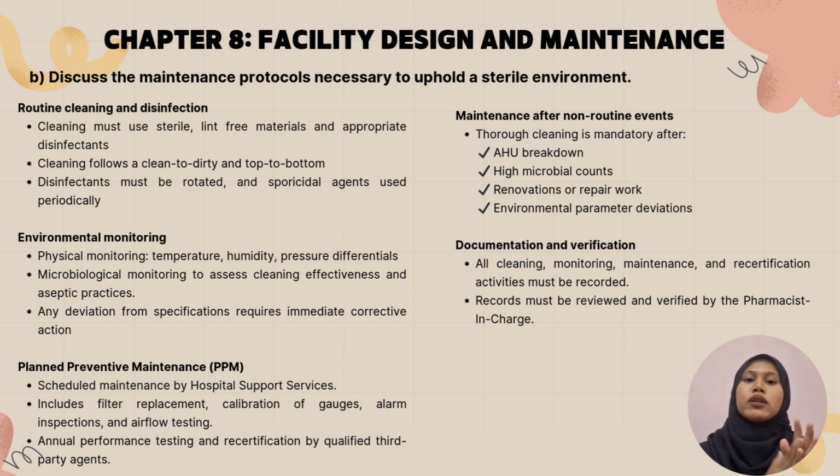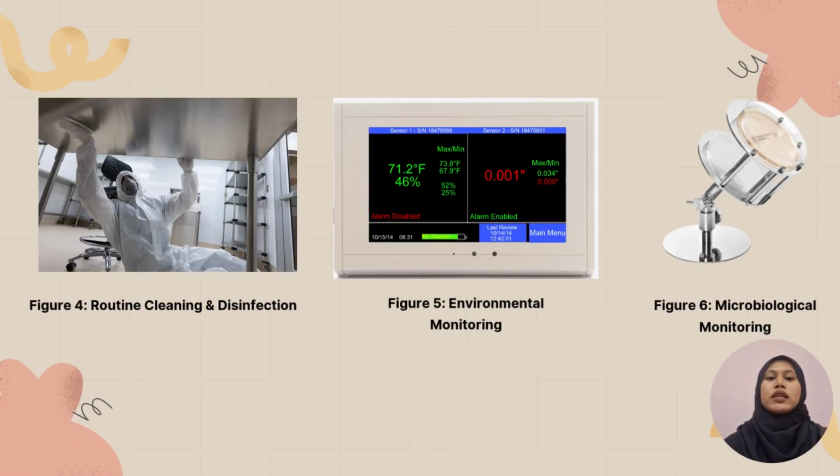Thorough cleaning is mandatory after AHU breakdown, high microbial counts, renovation or repair work, and environmental parameter deviation. And the last one is documentation and verification. All cleaning, monitoring, maintenance, and recertification activities must be recorded, and the record must be reviewed and verified by the pharmacist in charge. So this picture shows routine cleaning and disinfection, clean room environmental monitoring, and microbiological monitoring.